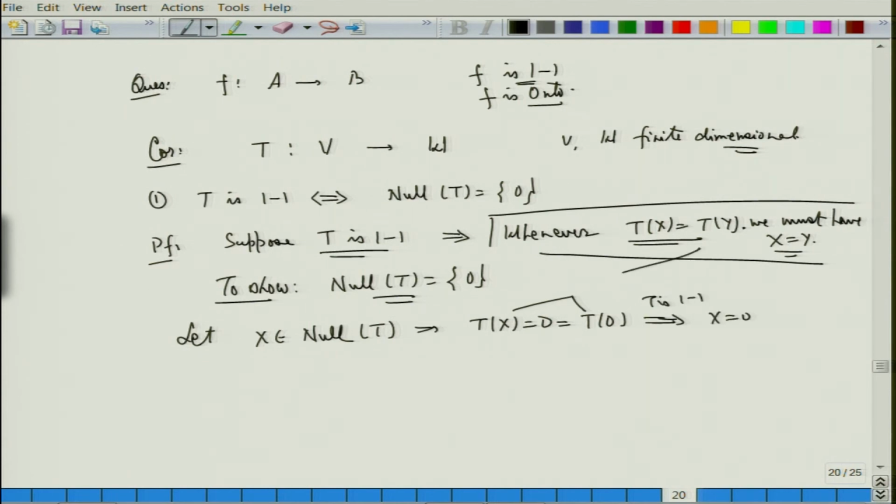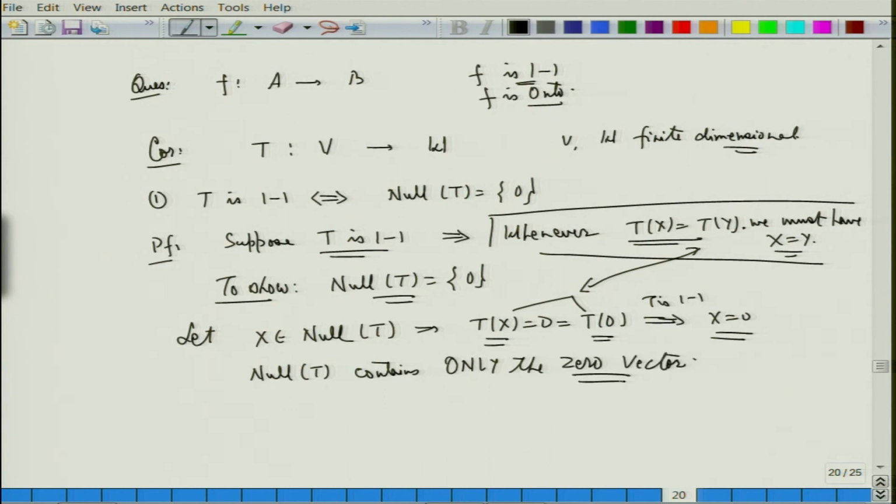All right. Look at this definition part here. Whenever Tx is equal to T of 0, x must be equal to 0. Fine. So we have shown that the null space of T contains only the 0 vector. All right. You have taken any x in the null space.